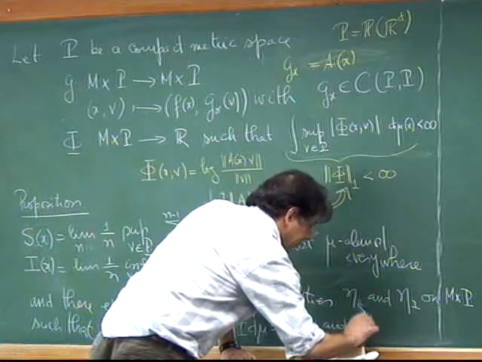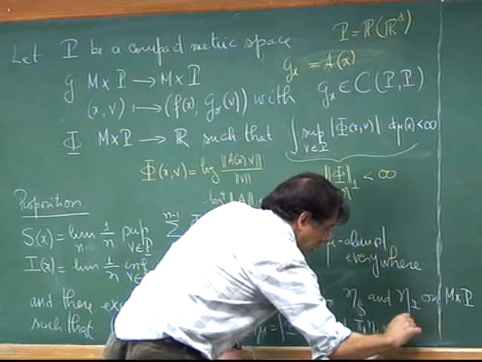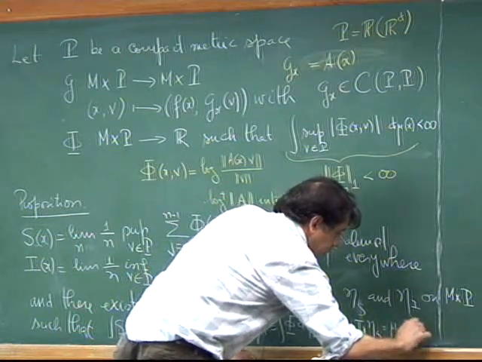If you project eta S and eta I, the projection is mu.